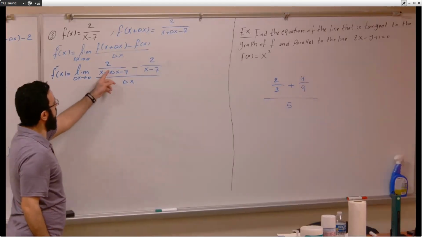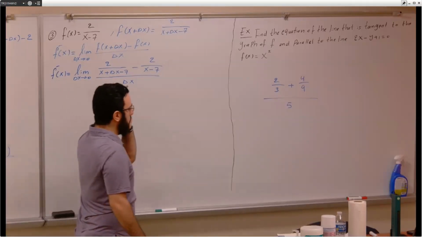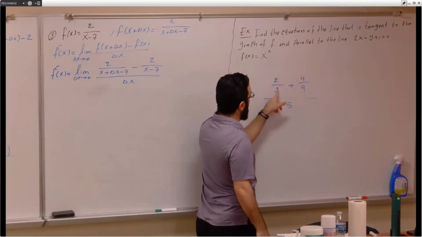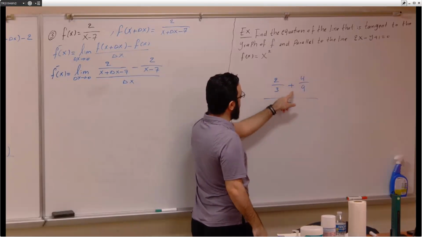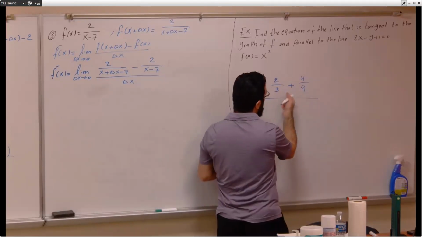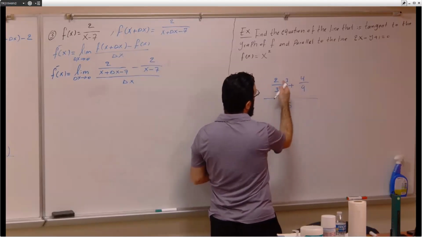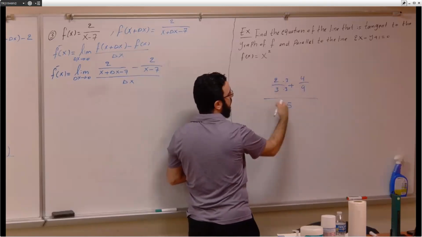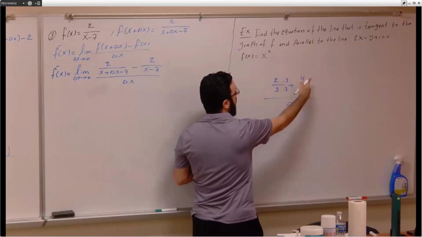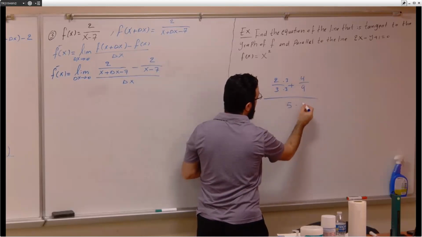Two fractions. We need to combine these two fractions and divide by delta x. So I need to get the same denominator. Because there is no x, I'm going to multiply this one by 3 and this one by 3. But at the same time, you're making a change on the top because this is also a fraction. So I have to multiply this one also by 3.